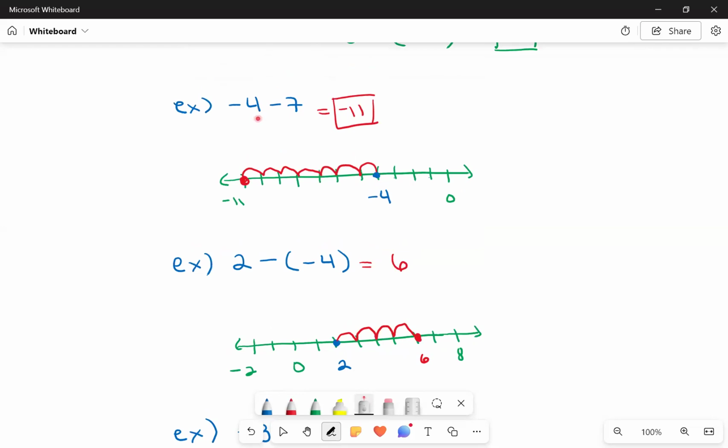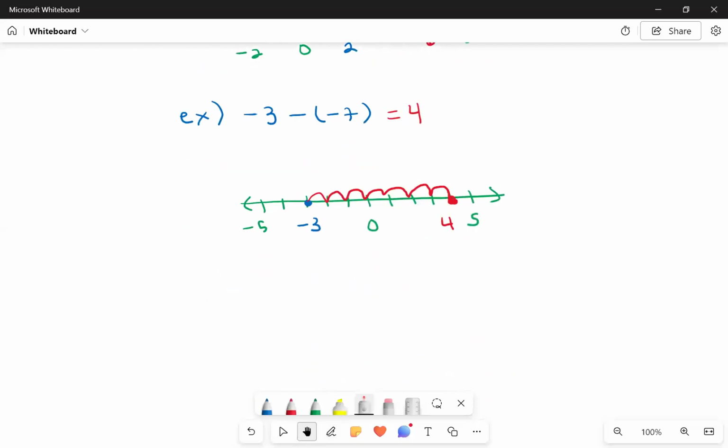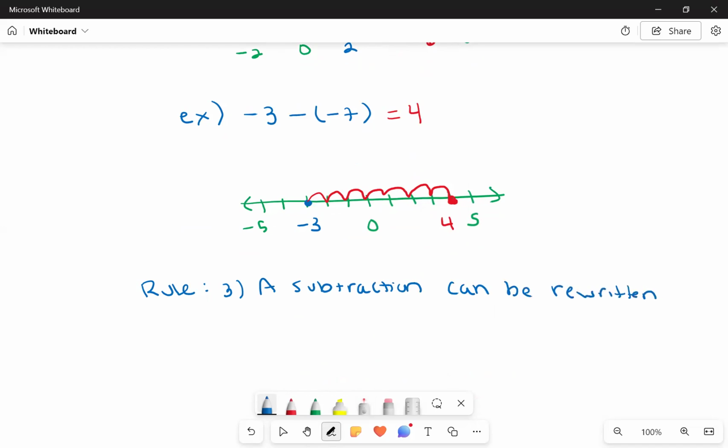In fact, that is the first rule. I'll call it rule number 3: subtraction can be rewritten as the addition of a negative.